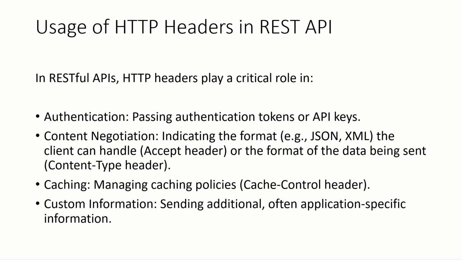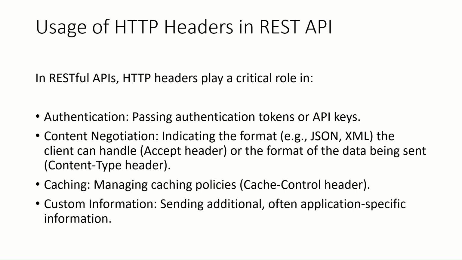He can set this field, let's say content type, in the header as JSON, so that when this request goes to the backend, it should send the data in the form of JSON, reading that content type set to JSON coming from the UI. So content negotiation can also be done using the HTTP headers.